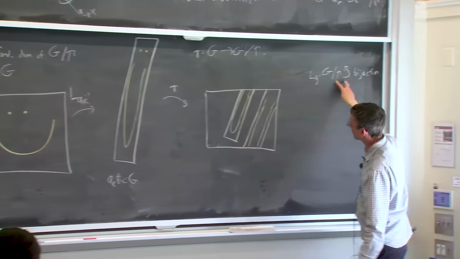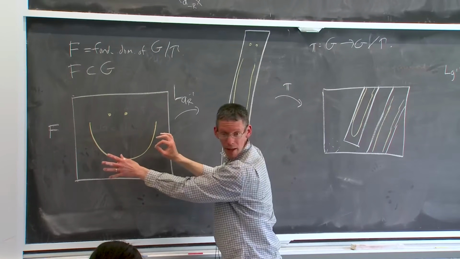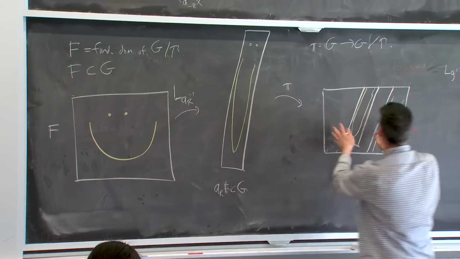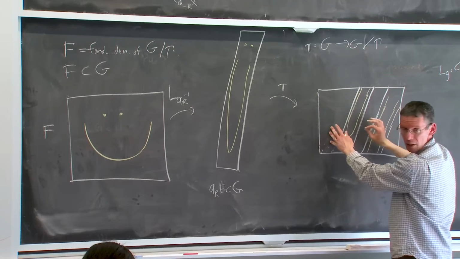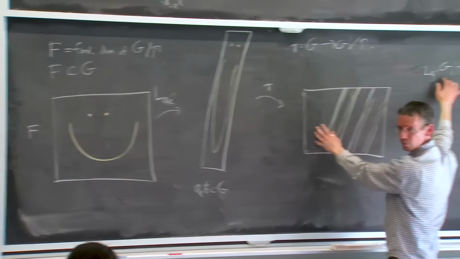And if we believe that, then if we start with the fundamental domain, we have one representative of each point in G mod gamma. And then we end up back in G mod gamma. We should cover everything exactly once if this is a bijection.